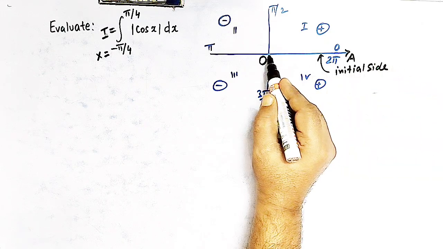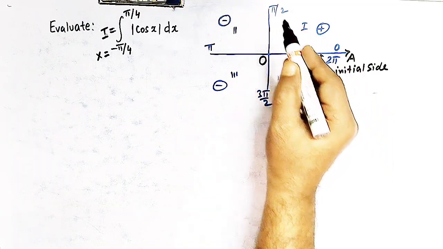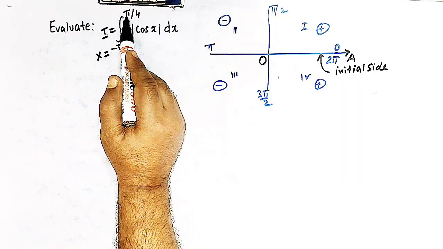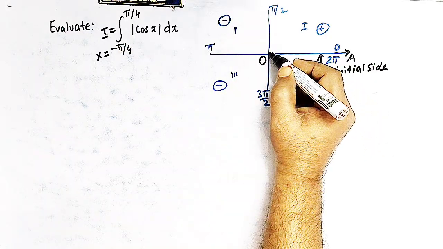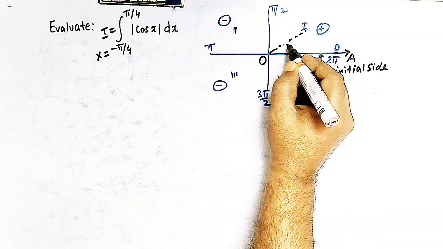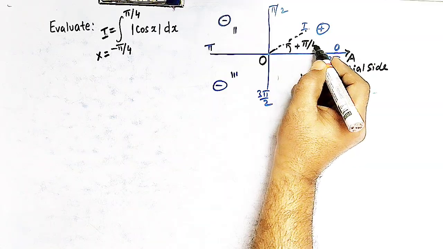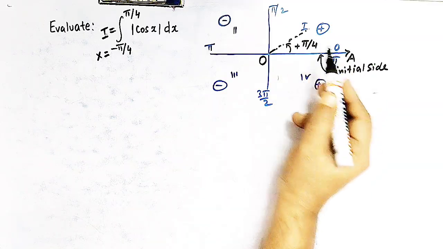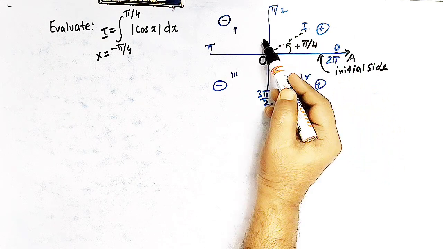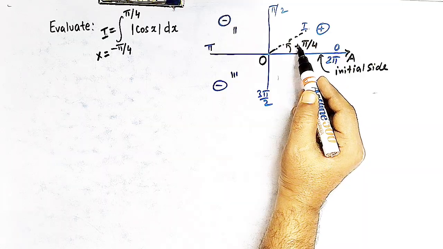And when we rotate this initial side in anti-clockwise direction, and we form an angle of say pi by 4 like this, suppose this is our angle pi by 4, right? So here we take the angle as positive pi by 4, because when we measure an angle in anti-clockwise direction, then the angle is taken as positive, right?